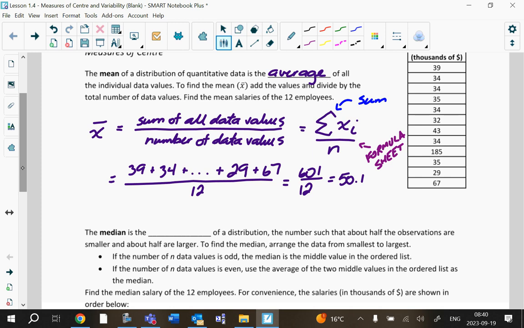So you would have to write it 50,100. Units are important. So that's mean.